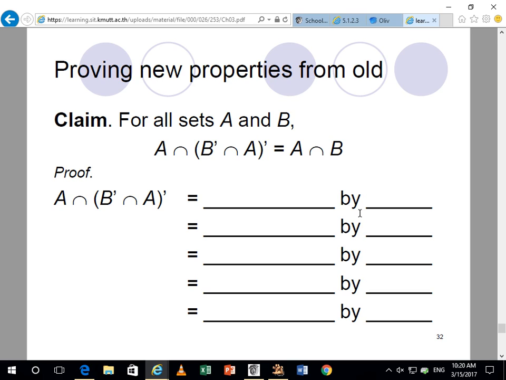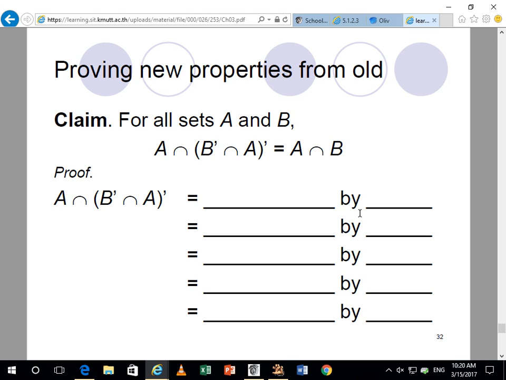Keep in mind, we want eventually to show that this is true. So we have A intersect this, and we have A intersect this. So left-hand side is this, right-hand side is this. Somehow we want to get eventually to the right-hand side. So we know that A intersects the same, A intersects the same.